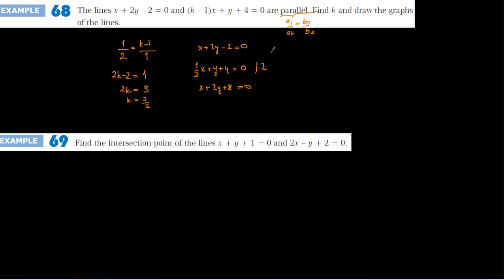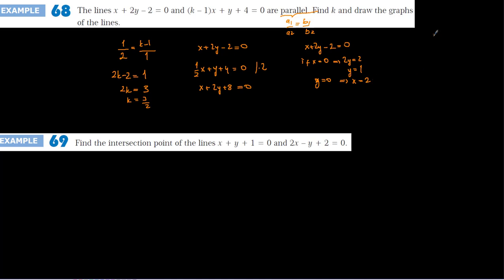So if I need to draw these lines, for the first one, x plus 2y minus 2 is equal to 0. If x is equal to 0, this implies the y-intercept, which means that 2y is equal to 2, y is equal to 1. If y is equal to 0 this time, this implies that x is equal to 2.